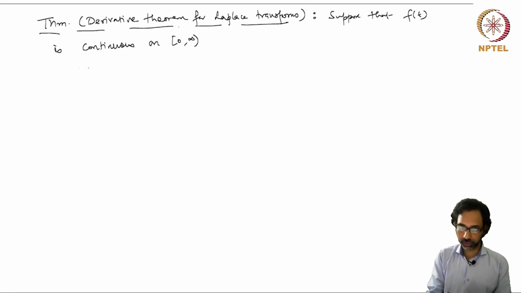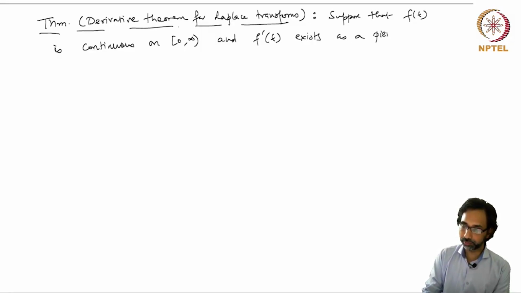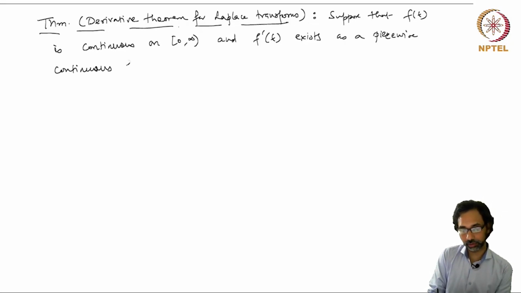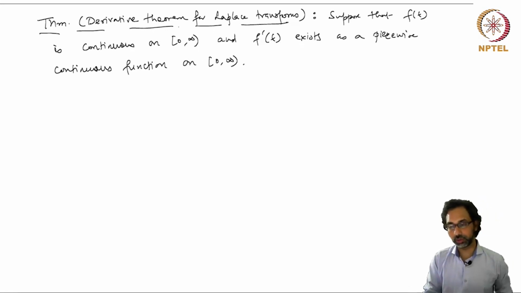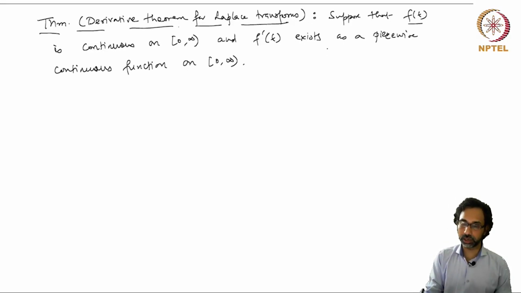So, we will assume that f t is continuous on the whole interval, and f prime t exists as a piecewise continuous function on 0 infinity as well. So, first we suppose that f t is continuous, and we also suppose that the derivative itself is piecewise continuous on the whole interval 0 to infinity.